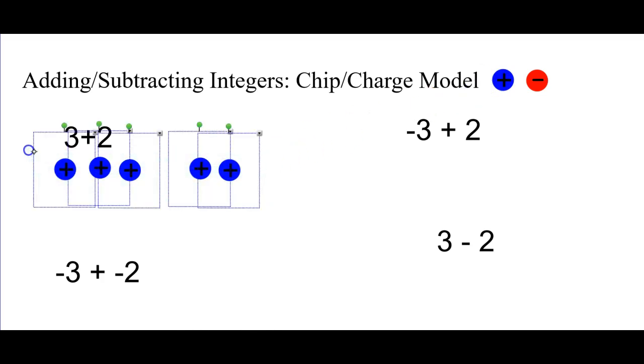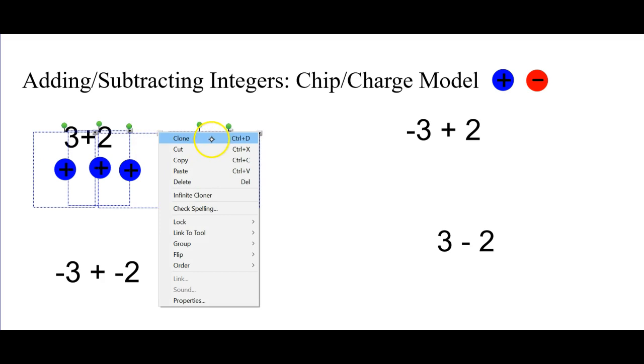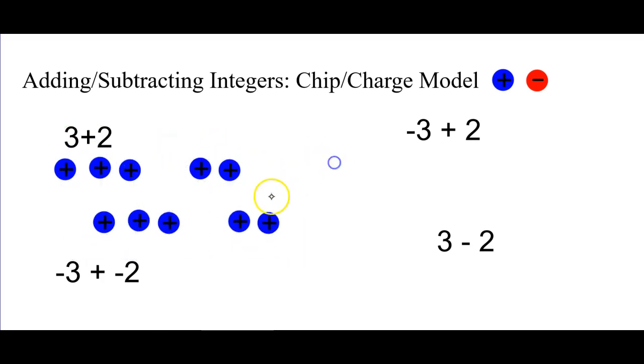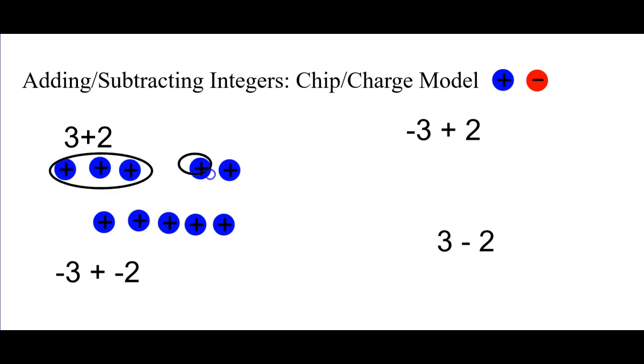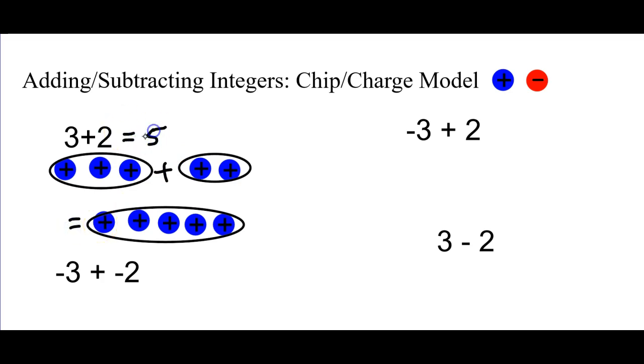It's not as easy as what I can do here on the computer, but you could show it like this with some ellipses around it. Say, hey, I've got 3 plus 2, and I end up with 5 here as my answer. So 3 plus 2 equals 5. And that's pretty straightforward. I don't think I've ever had anybody have an issue with that.